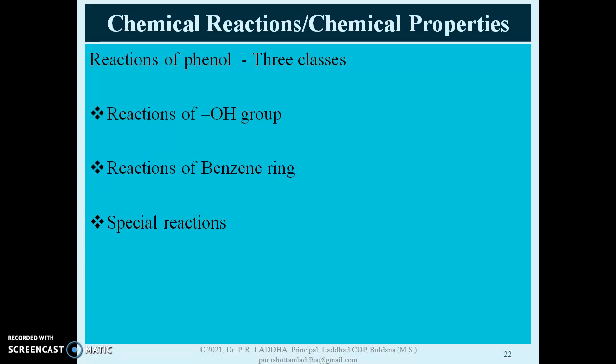Hence, the chemical reactions of phenols can be divided into these three categories. There are some reactions which take place only on the hydroxyl group present on the benzene ring. Secondly, some reactions take place only on the benzene ring, and there are some special reactions of phenols.